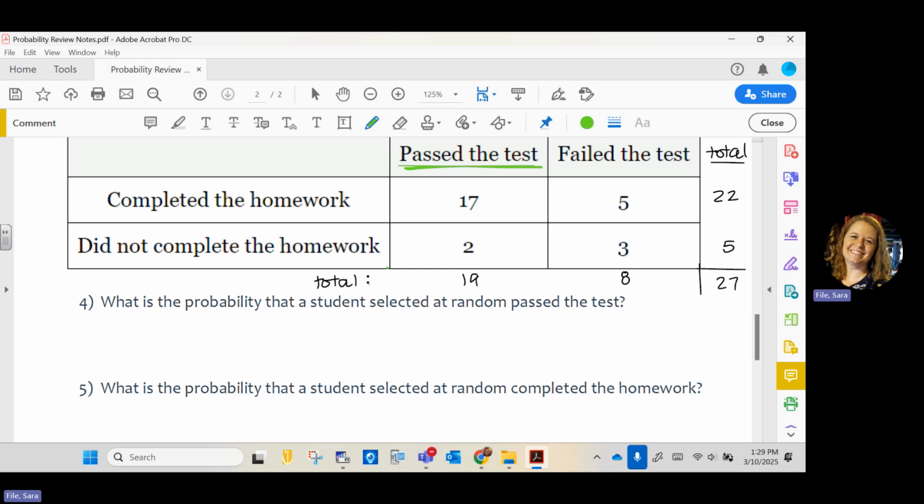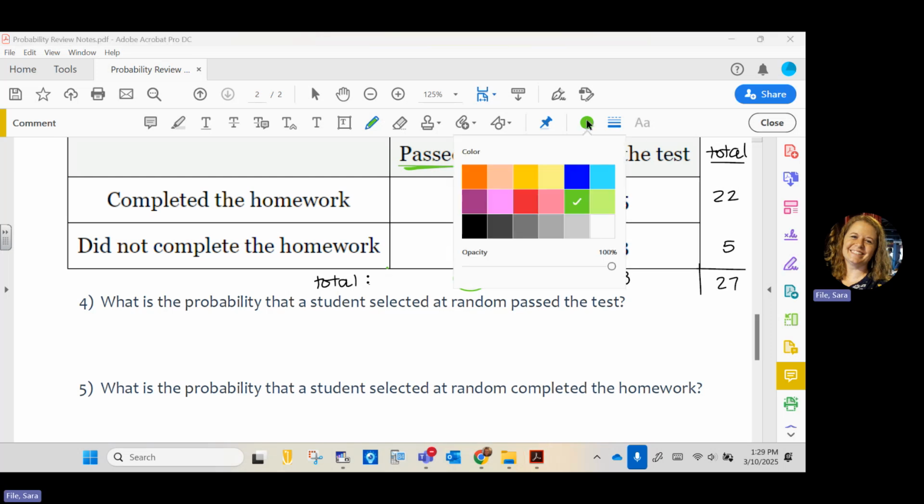We wrote it in. 19 passed the test. That's what we wrote in the pass the test column. There's a total of 19. How many total students are in the class? How many total students took the test? There are 27 total students.